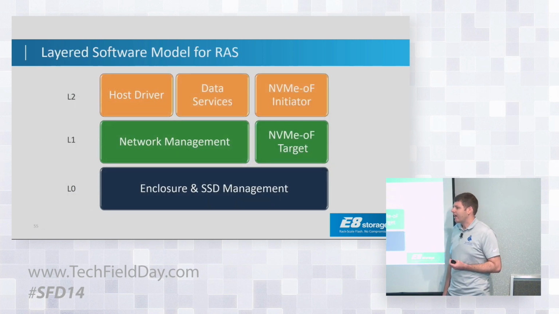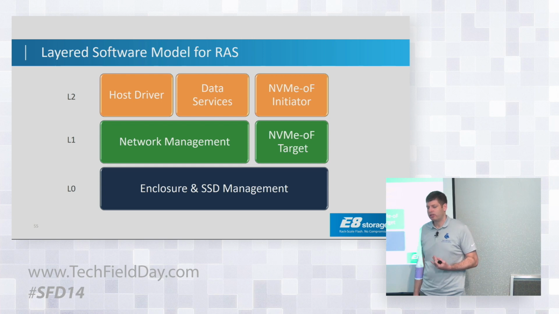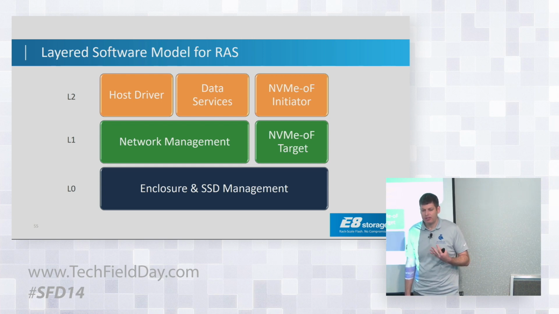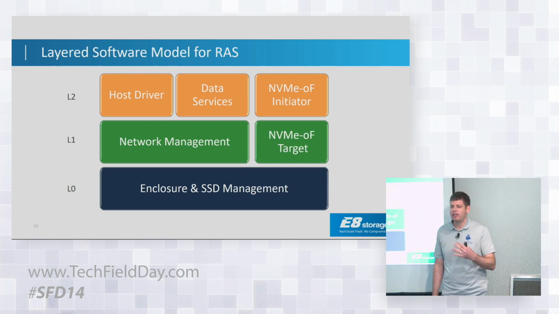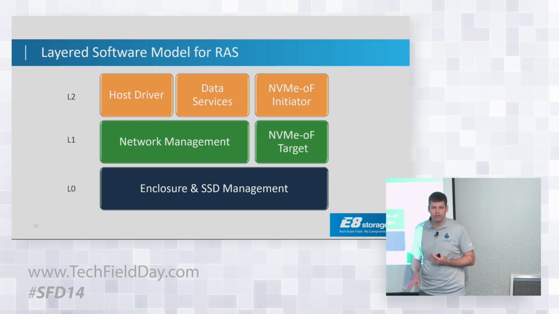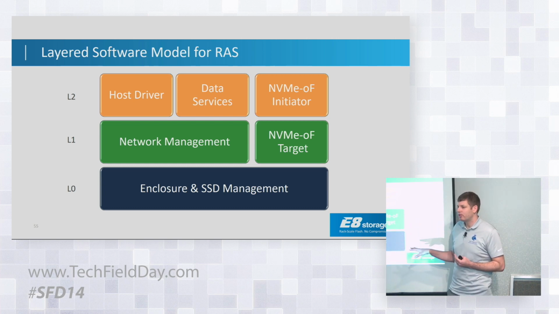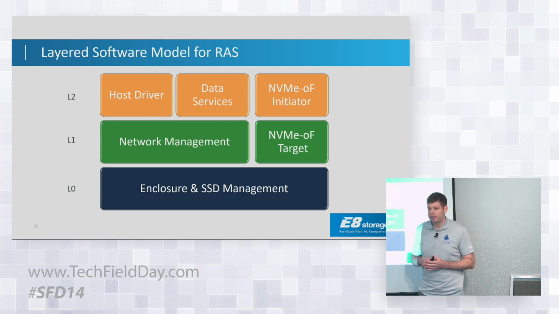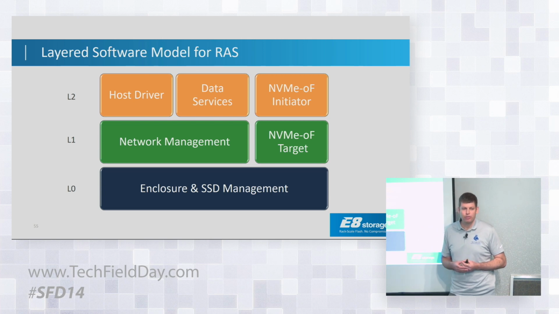So a bit about our RAS architecture, and the way we've structured it is basically a 3 layer design handling a few different things. Layer 0 is also known as the hardware abstraction layer, which abstracts over the enclosure and the SSDs that we use. There are variants and minute differences and sometimes huge differences between enclosures and SSDs.